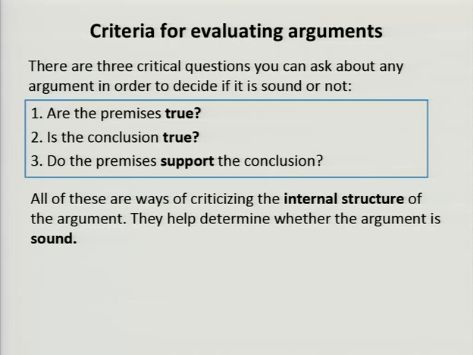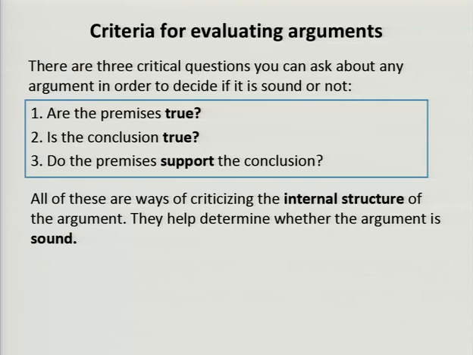Now all of these types of questions that I have here are just standard questions, the very first thing that you can think about when you're evaluating an argument. All of these ways of evaluating, criticizing in the sense of assessing, not destructively criticizing, but evaluating an argument, concern the internal structure of the argument, by which I only mean that they concern statements or connections between statements, between premises and the conclusion, that are already there in the argument.